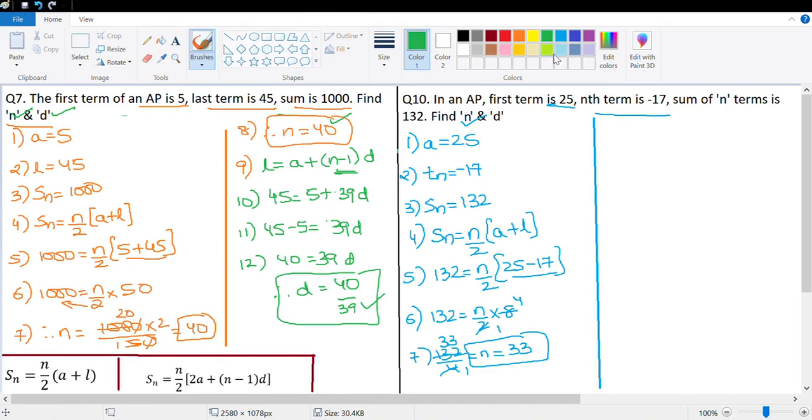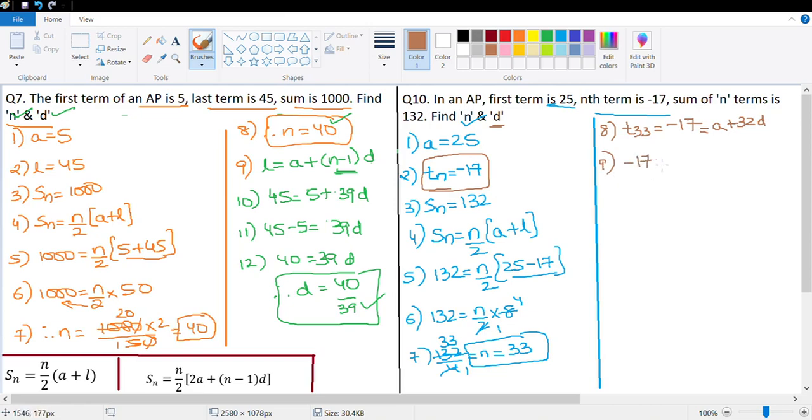We still need to calculate the value of D. Let's see how we could do that. We know the 33rd term is equal to negative 17, right? Last term is negative 17, and we know this is equal to A plus 32 times D. Now let's substitute values.